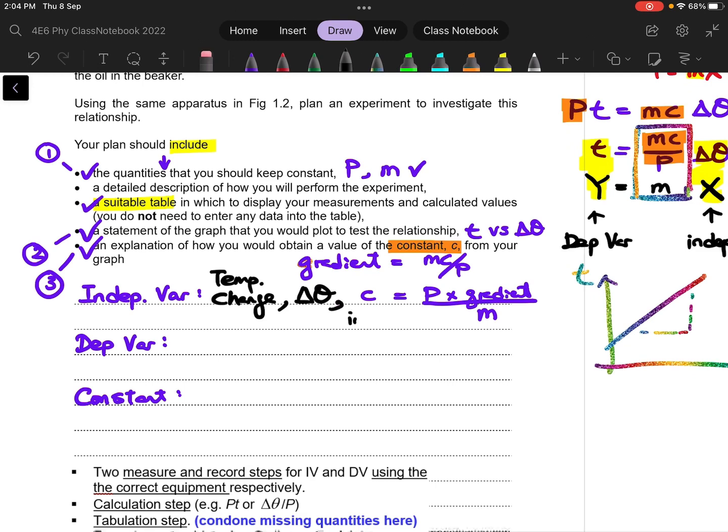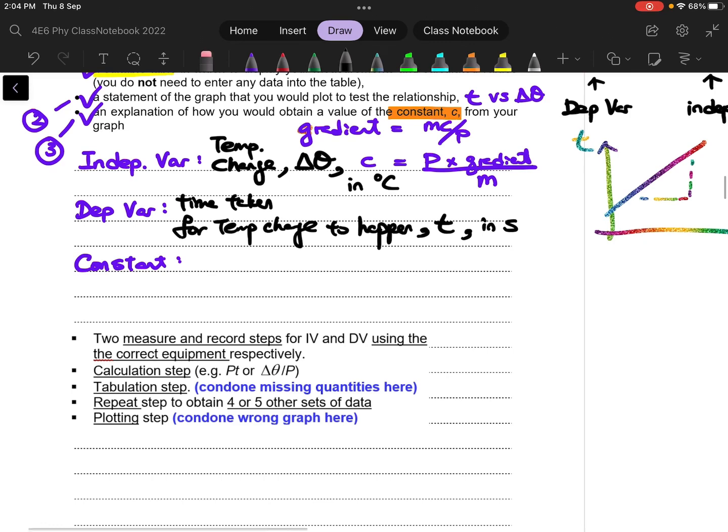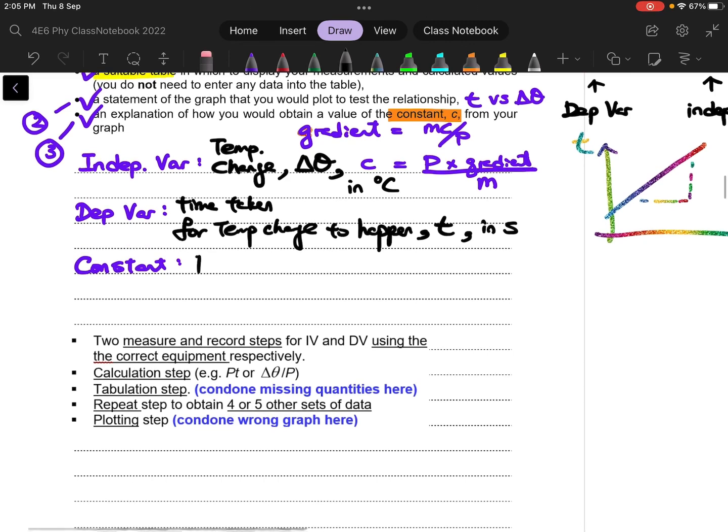I want to give it a symbol as delta theta, and it is measured in degrees Celsius, right? The dependent variable will be the time taken for this temperature change to happen, and I want to give it a symbol as T, and I will measure it in terms of seconds, right?